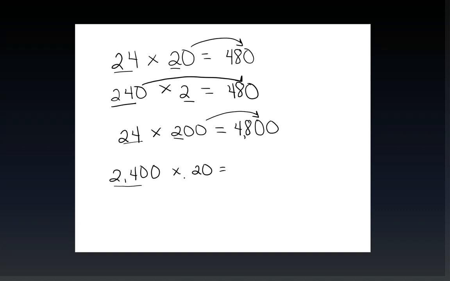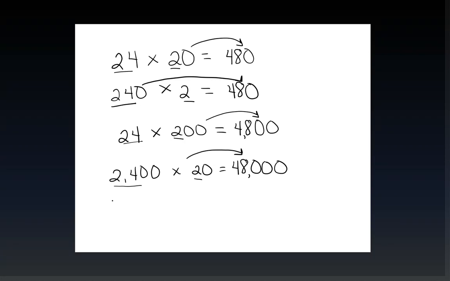So I've got 24 on this side, 2 on that side. 24 times 2 is 48. Then I'm going to go back and I'm going to say, how many zeros do I have in my total problem? I've got 1, 2, 3. I need to move all 3 zeros over to my answer. 1, 2, 3. So 2,400 times 20 is 48,000.